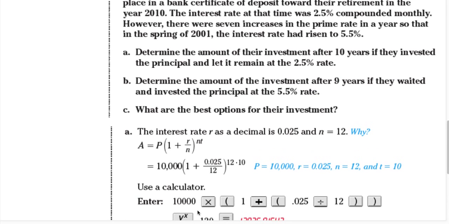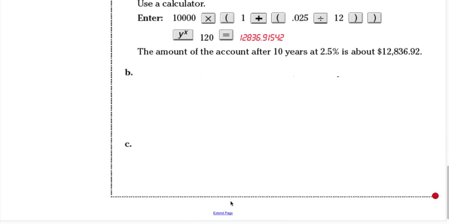Letter B is asking: determine the amount of investment after 9 years if they waited and invested the principal at the 5.5% rate. If they waited, the interest rate is 0.055 and t is equal to 9 years. So again, we use the formula.